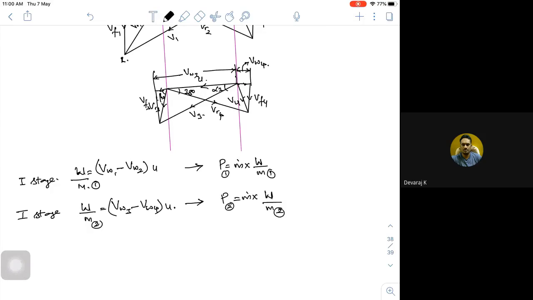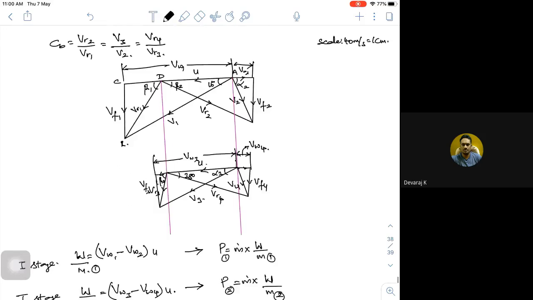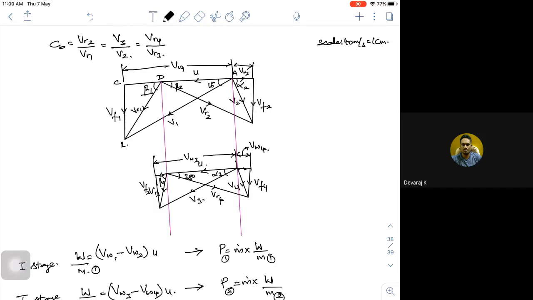And you have to measure beta 1. See, this is the angle you have to measure, and beta 2, beta 4 you have to measure. Beta 1 you may get around 20 or 30 degrees, and beta 3 around 30 or 40 degrees. Okay, they ask you to find the blade angle, power input, and efficiency. The efficiency formula is the same as in the previous problem.